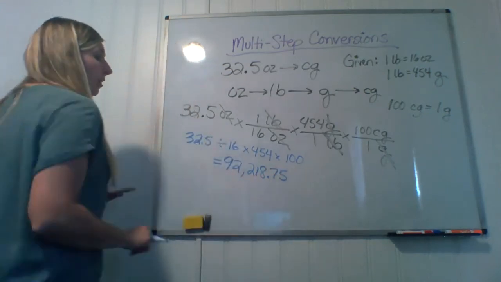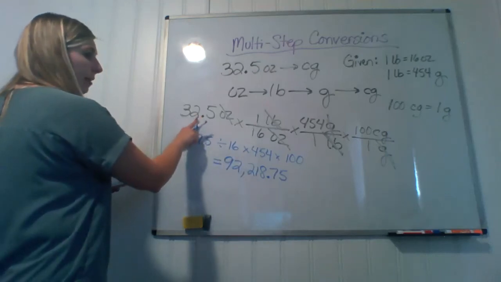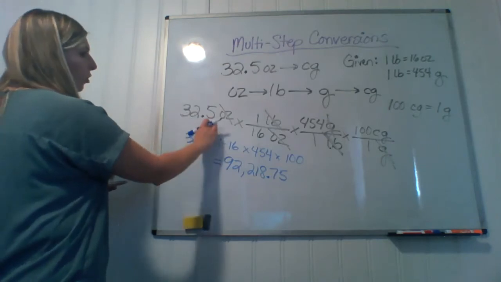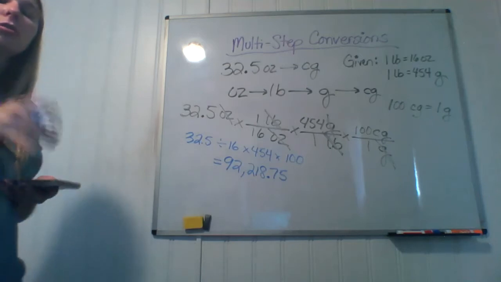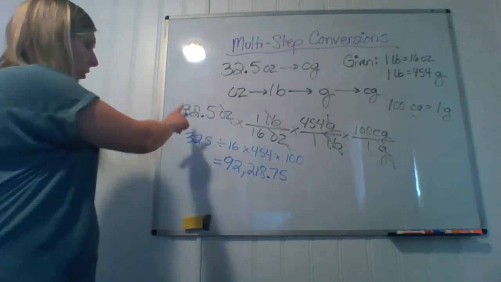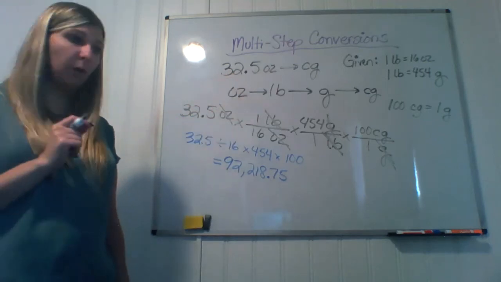Okay, that's what the calculator gives us. But how many sig figs do we have in our calculation? We are starting with 1, 2, 3 significant figures. So the rule of thumb that I want you to follow is whatever number of significant figures you start with, that's going to be the number of significant figures that you end with.